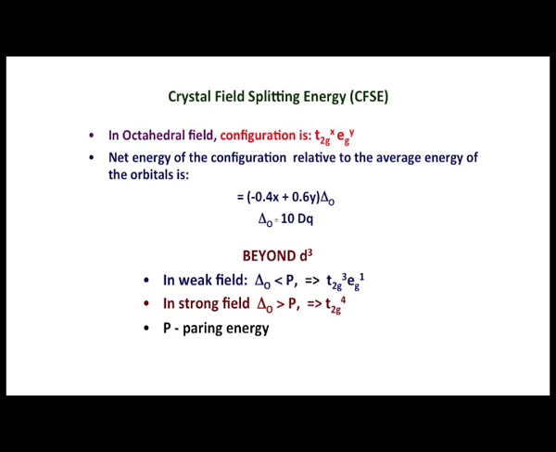So, we will have a number of electrons in the t2g level and some other number of electrons in the eg level, and that will give rise to the corresponding electronic configuration in terms of the crystal field picture. The net energy of the configuration relative to the average energy of the orbitals is what we have just calculated: minus 0.4 x plus 0.6 y. We calculate this by 2/5 of delta O and 3/5 of delta O, where delta O is 10 Dq.